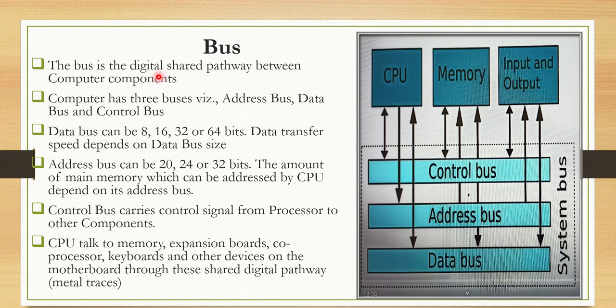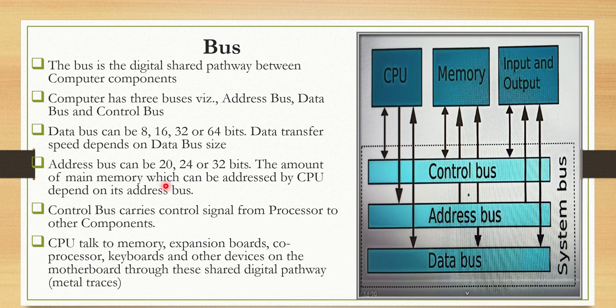Shared means this bus is used by all the components on a motherboard: by the CPU, by memory, and by input output devices. A computer has three buses: one is the address bus, one is the data bus, and the third one is the control bus.